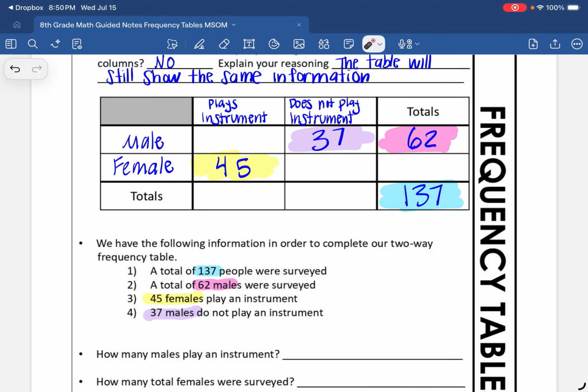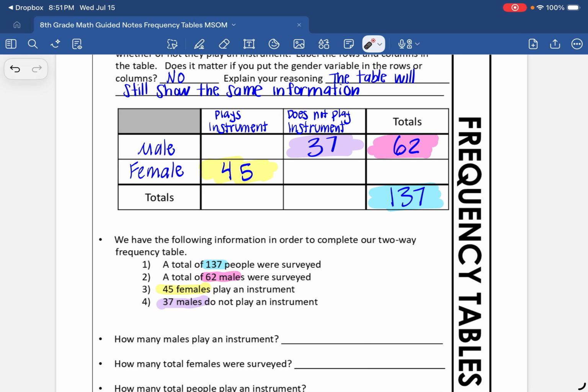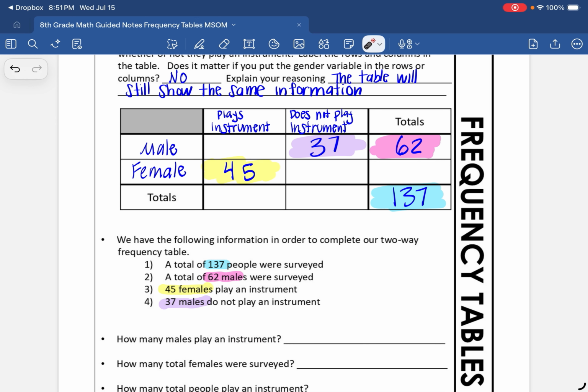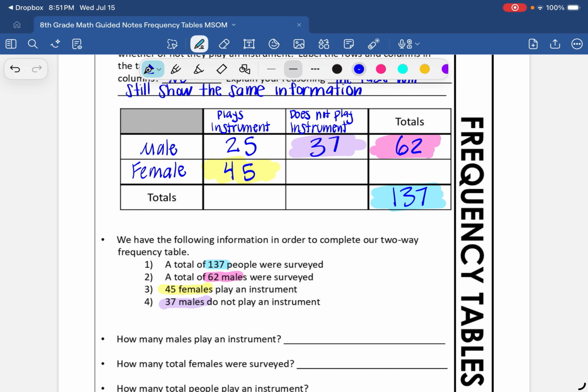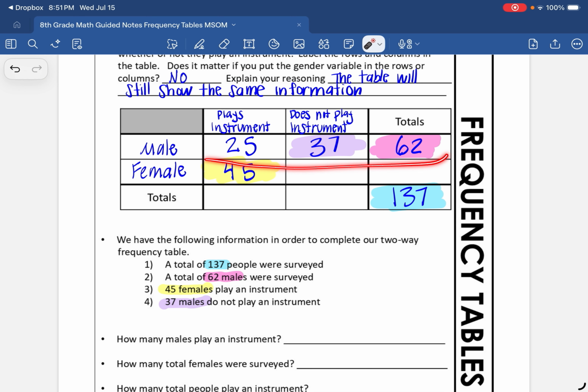Now it asks me, how many males play an instrument? So males playing an instrument would be this number right here. So I can figure that out by doing 62 minus 37, and that will give me what goes right here. 62 minus 37 will be 25 because this has to sum to 62.